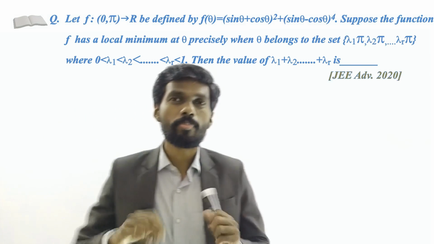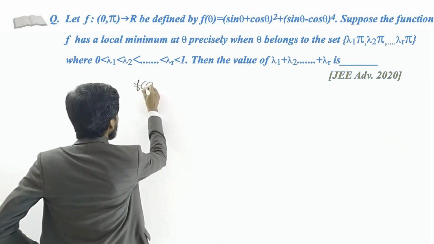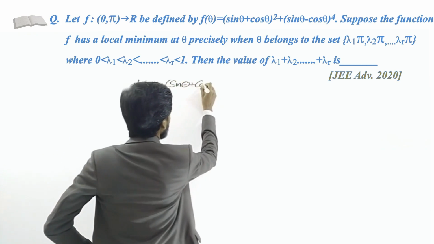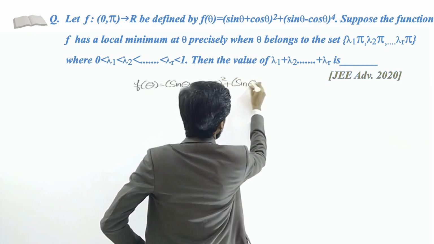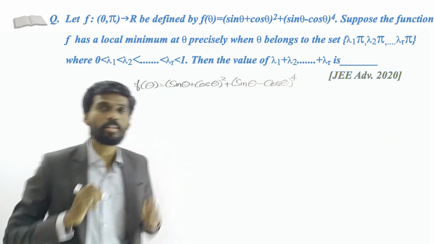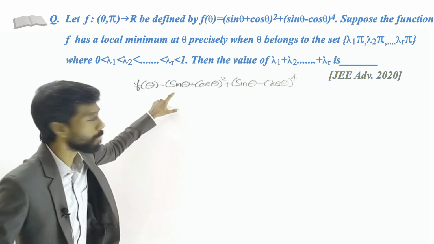Okay, so let's find the point of minimum of the given function, right? The function given here is f of theta, which equals (sin theta plus cos theta) squared plus (sin theta minus cos theta) to the power 4. Now to find the minimum or maximum value of the function, we have to differentiate this, but before that we will simplify it.